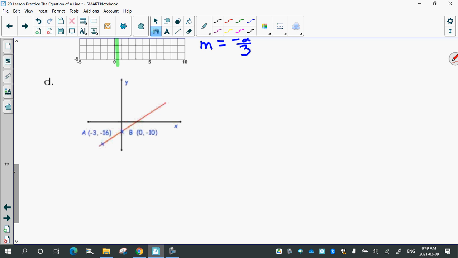Carter: It was so confusing, -3 minus 0, but the run and then negative 15 minus 10. Yes. So if it gives you 2 points, you could call them x1 and y1. You agree? And x2 and y2. Because that's another way to find slope. Perfect.